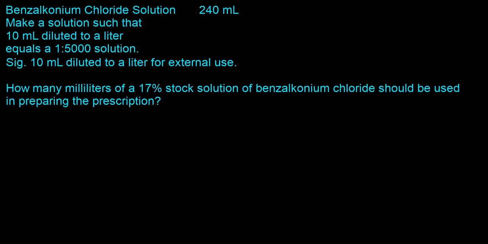So it gives you the instructions: take 10 ml, dilute to a liter for external use. So the real question here is how many milliliters of a 17% stock solution of benzalkonium chloride should be used in preparing the prescription. At first glance, it may be a little bit tricky how the question is framed, but I'm going to show you how to solve these kind of questions in 3 straightforward steps.